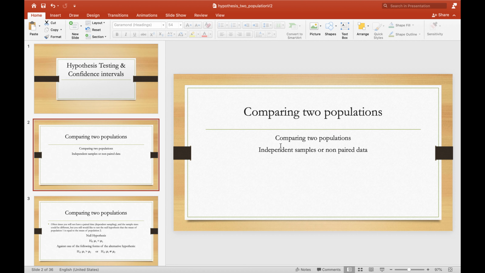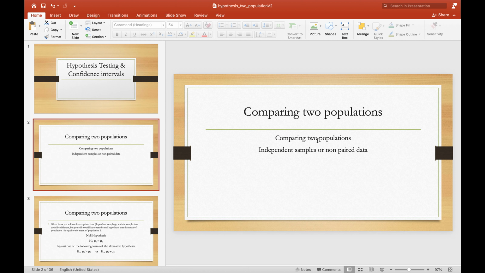So again, two methods comparing two populations: independent samples or non-paired data. For today's lecture, it's centered on comparing two populations when we can't somehow pair our data, and that's what's most common.